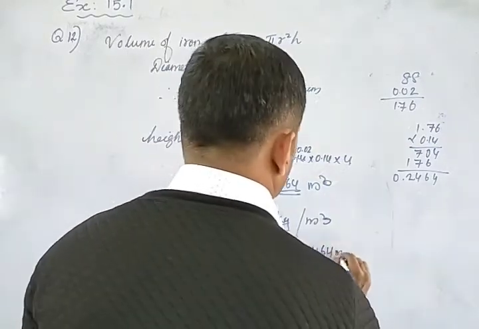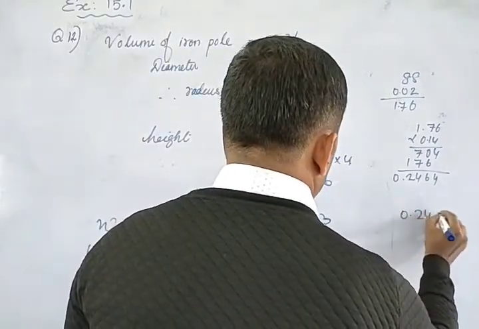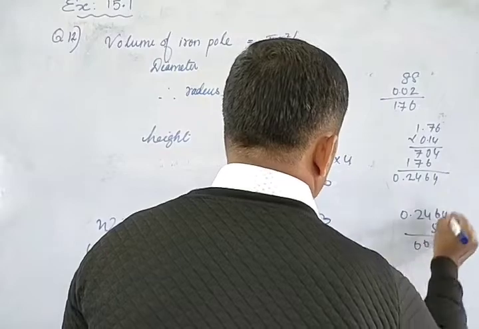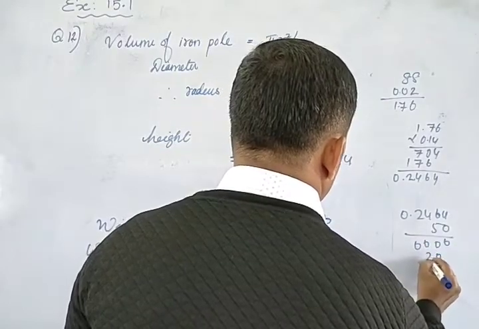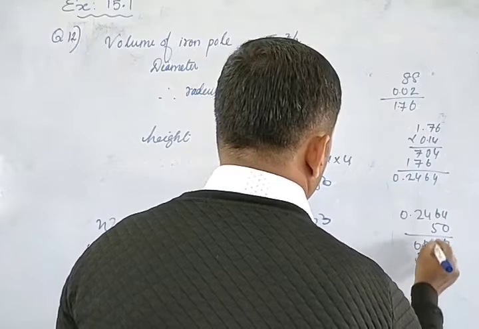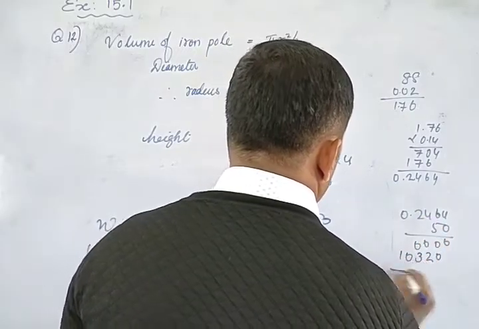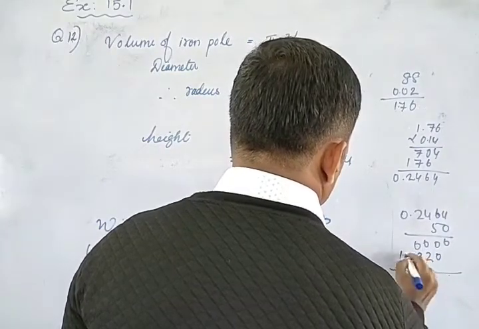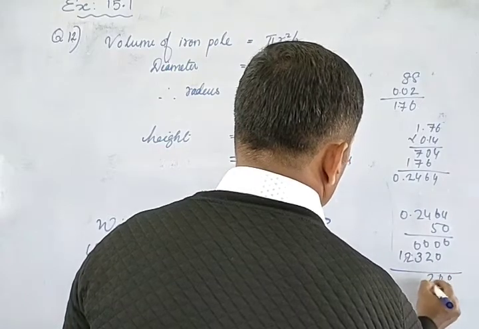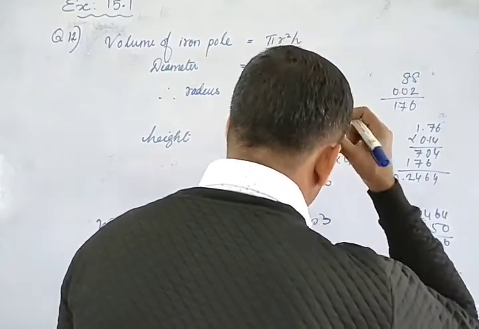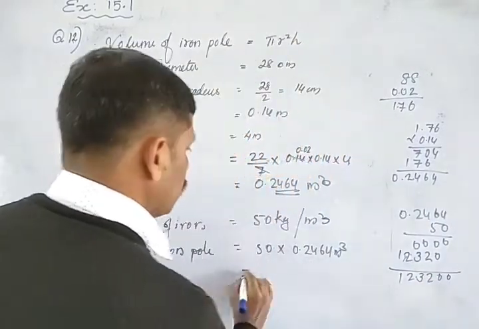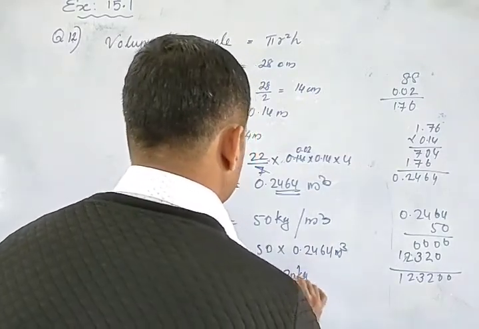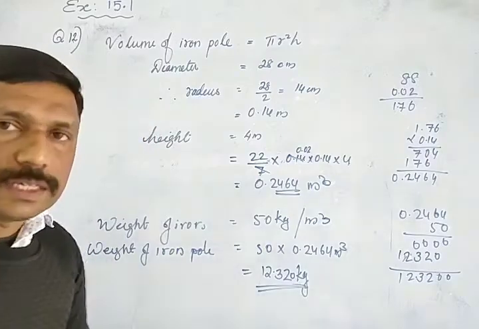That we multiply. 5 4s are 20, 5 6s are 30, 32, and 5 4s are 20, 5 2s are 10, plus 2, 12. There are 4 digits after the decimal, so it is 12.32 kilogram. 12.32 kilogram is the weight of that iron pole.